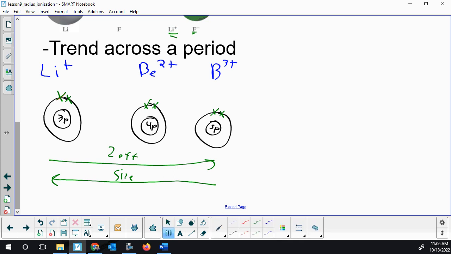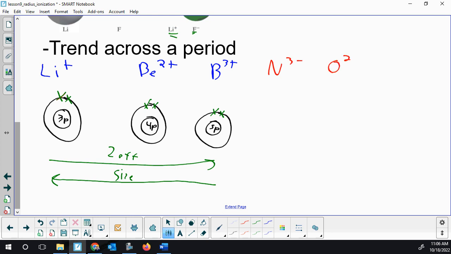Now, carbon doesn't ionize. Group 4, carbon and silicon, are the heart of sharing, not ionizing. And we're not going to look at noble gases.